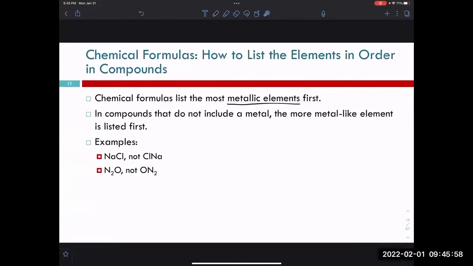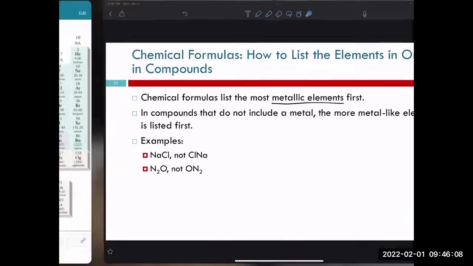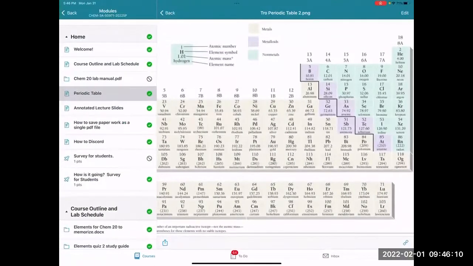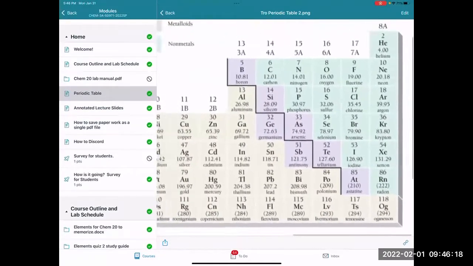This is important also because in compounds that do not include a metal, the more metal-like element is listed first. So in that case, going back to the periodic table, just like for the metals, farther left is more metallic. For the nonmetals, neon would be the least metallic.